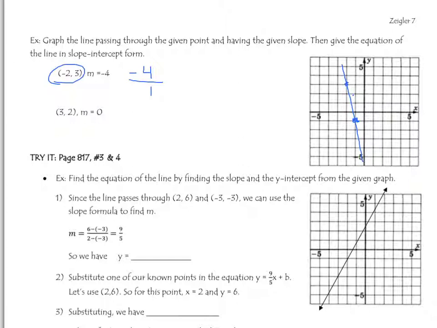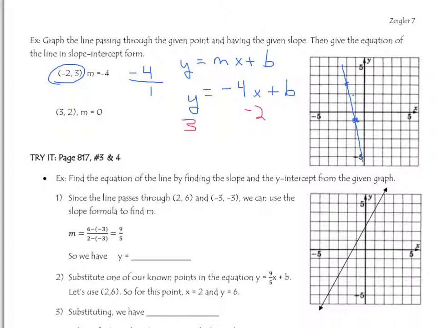So now we have the line, but we don't have the equation in the form y equals mx plus b. Now we do have the slope, which is -4, but we don't know what b is, so we can take this point -2, 3, and we can plug it in: y equals 3 and x equals -2, and see what we get.